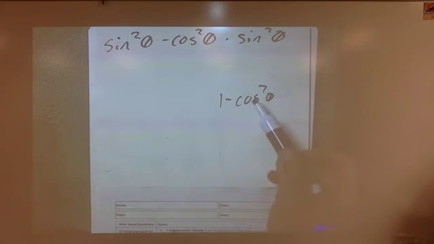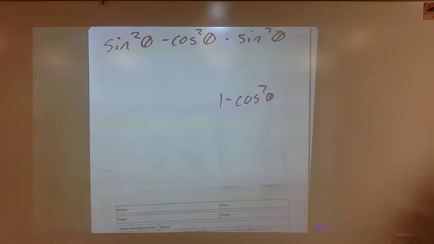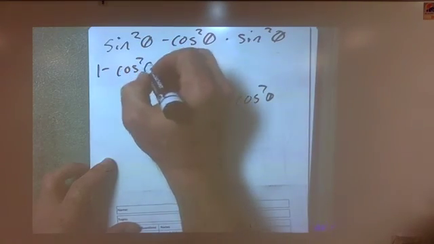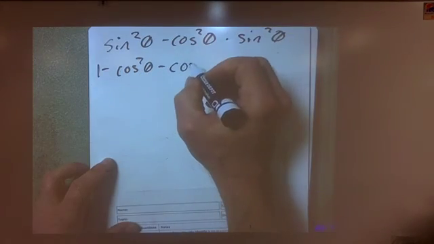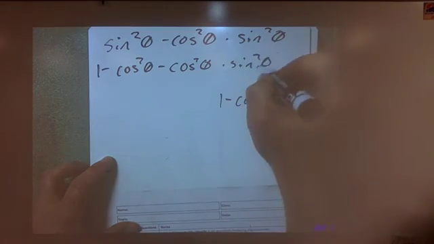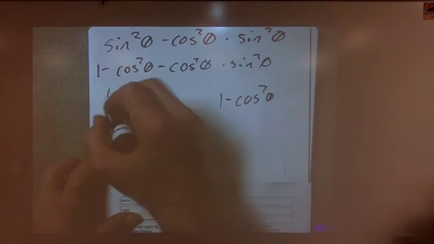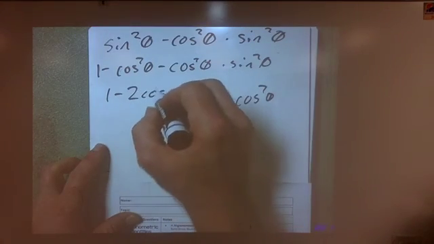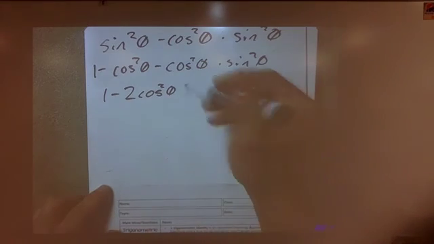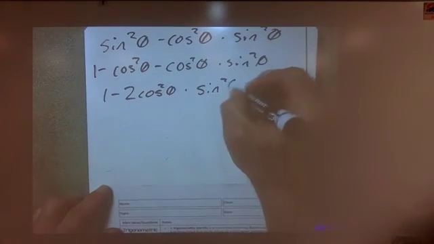Maybe you want to substitute this into that sine squared theta. So you'd have 1 minus cosine squared theta minus another cosine squared theta times sine squared theta. So that would be 1 minus 2 cosine squared thetas times the sine squared theta.